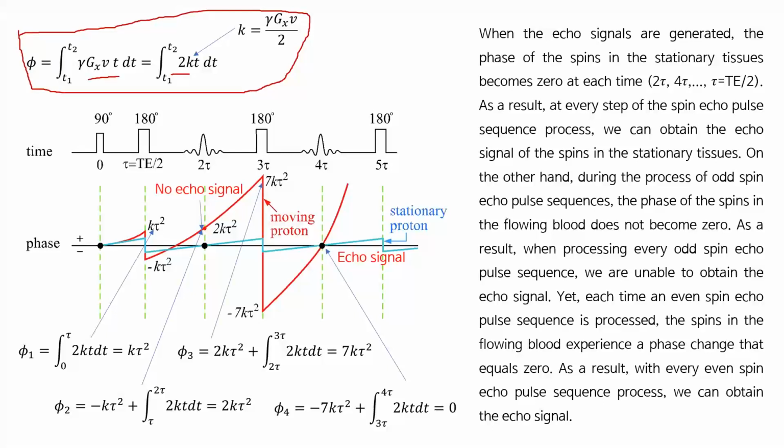So we have the 90-degree pulse here and 180-degree pulse. In the spin echo pulse sequence, we successively apply 180-degree pulses to obtain the echo signal. So this is first, and the second, and third. So this is odd, right? That's even, odd.